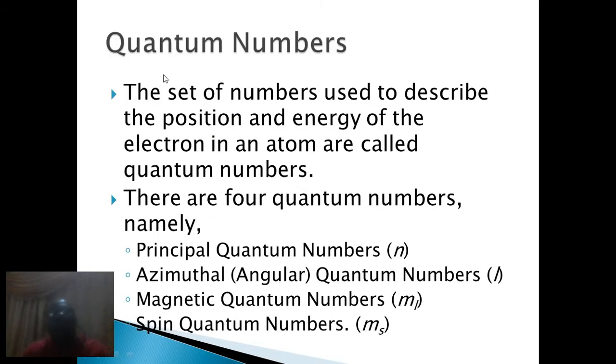Now, quantum numbers. There is a set of numbers used to describe the position and energy of the electron in an atom. These are called quantum numbers. And we have 4 different quantum numbers that are used to describe an electron in an atom.